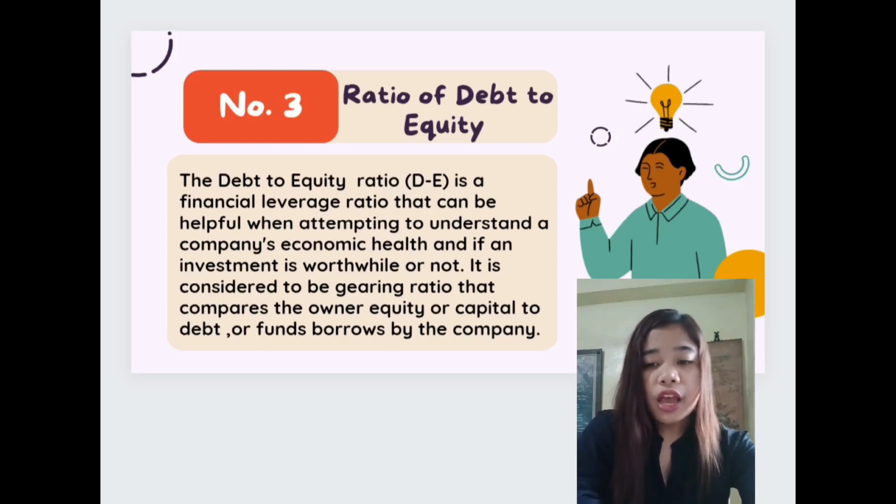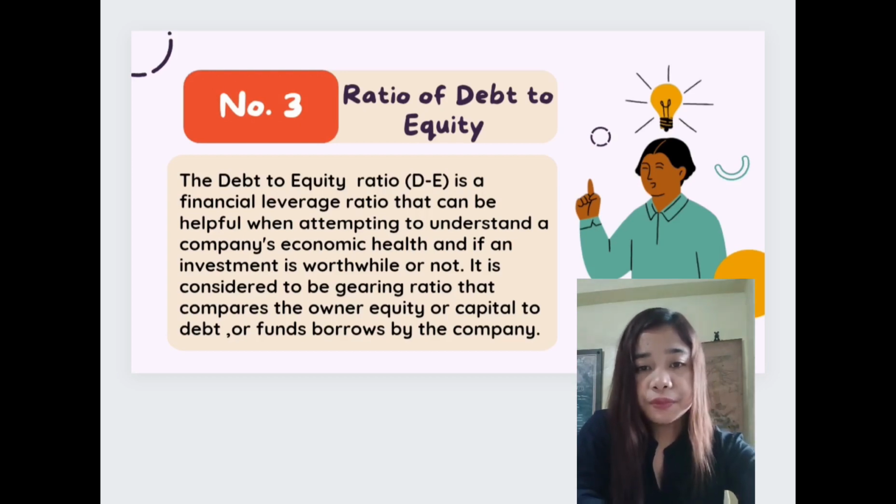For lenders, a low ratio means a lower risk of loan default. For shareholders, it means a decreased probability of bankruptcy in the event of an economic downturn. A company with a higher ratio than its industry average, therefore, may have difficulty securing additional funding from either source.